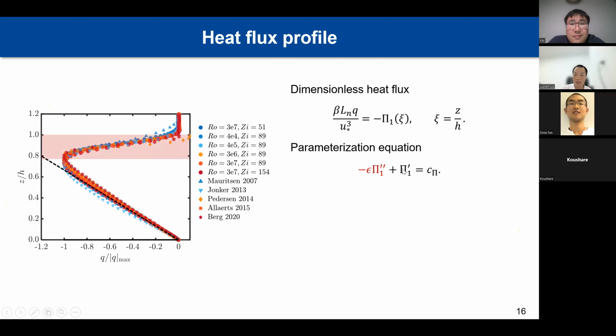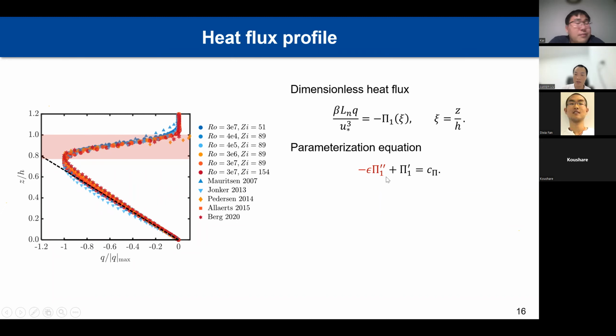That means there must be a high order term multiplied by a small parameter. And the physical meaning of this small parameter is very clear, because it just represents the ratio of the inversion layer thickness over the whole boundary layer thickness. Okay, and this is a second order ODE.